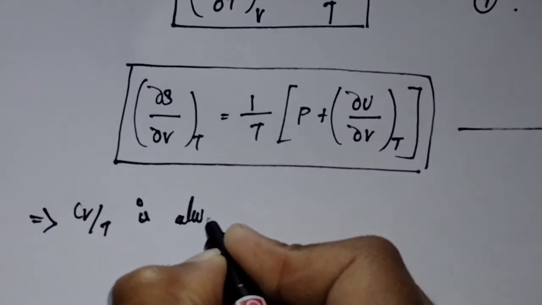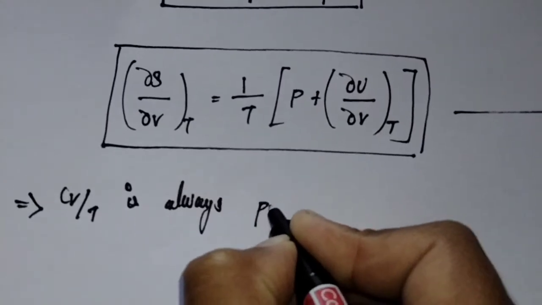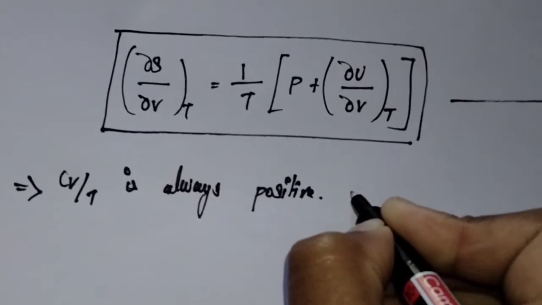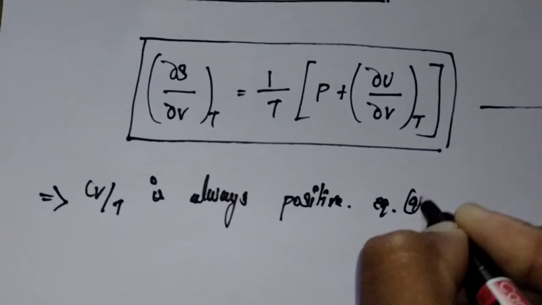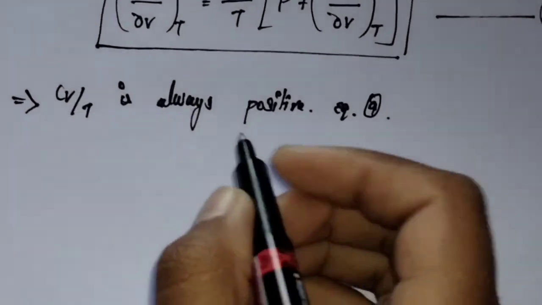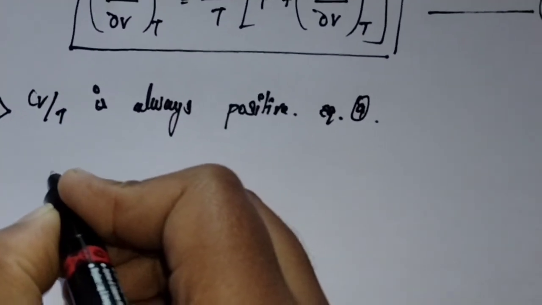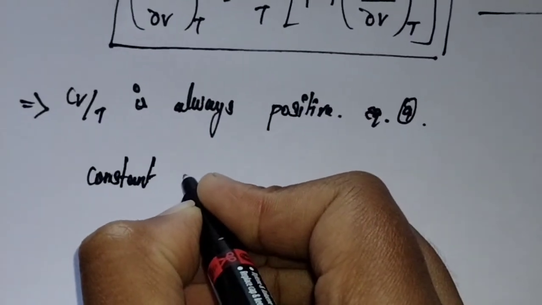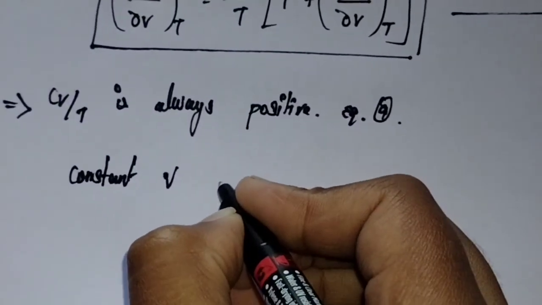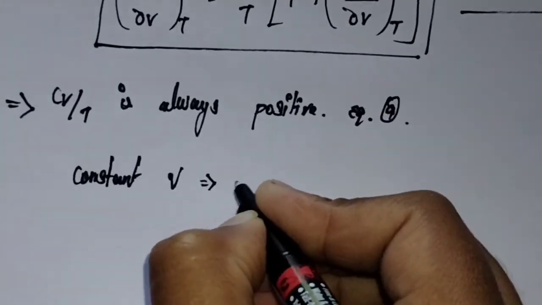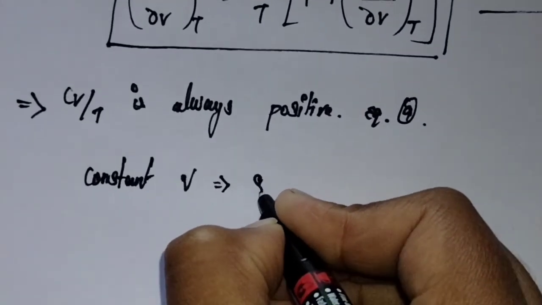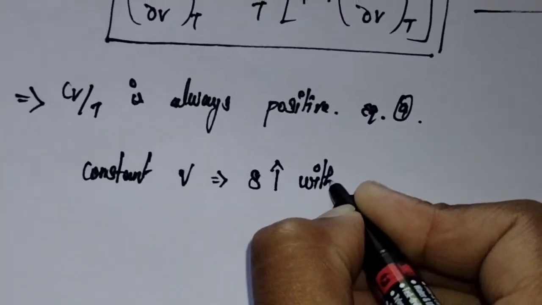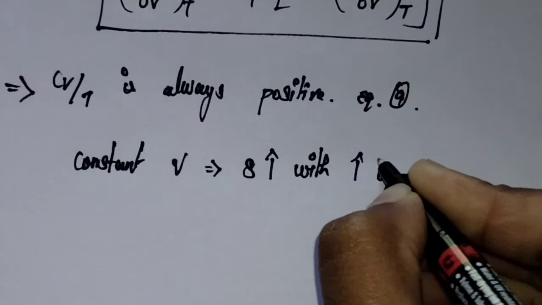Since heat capacity by temperature, that is CV by T, is always positive, this is from equation 9, at constant volume the entropy S increases with the increase in temperature.